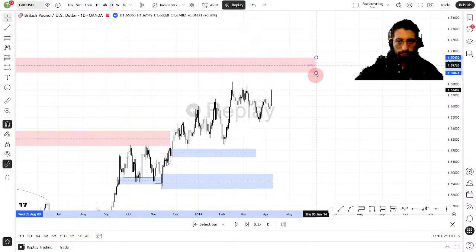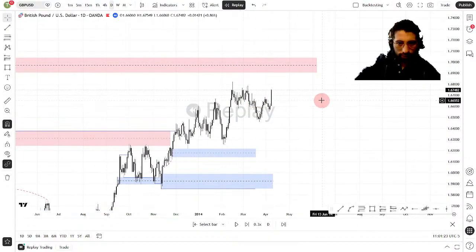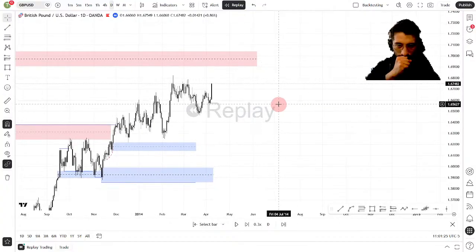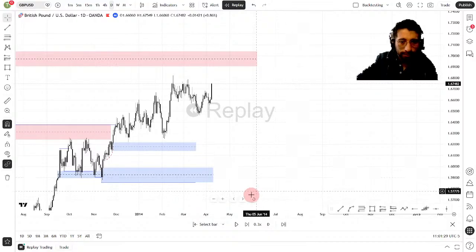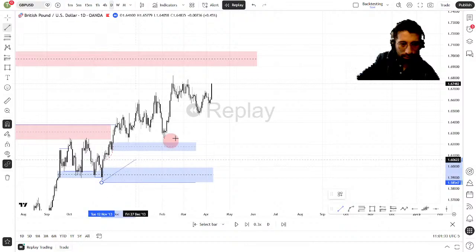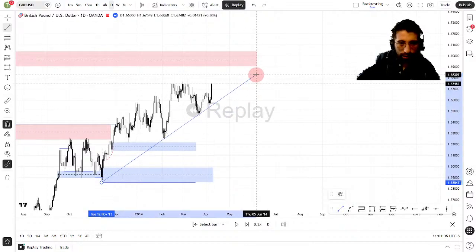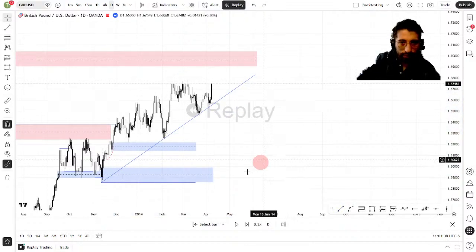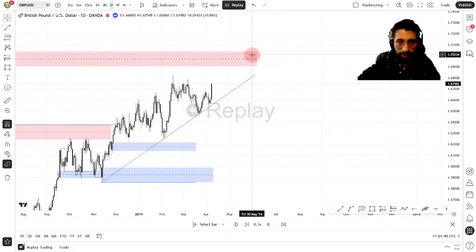Right, so it's doing a consolidation phase now. Now, I don't even like this at all. You see this trend line. Probably the price may react here and then take all the liquidity of this trend line.